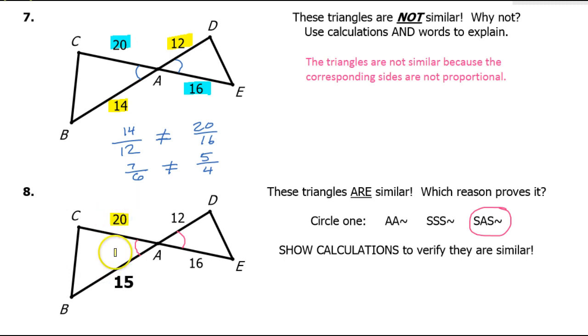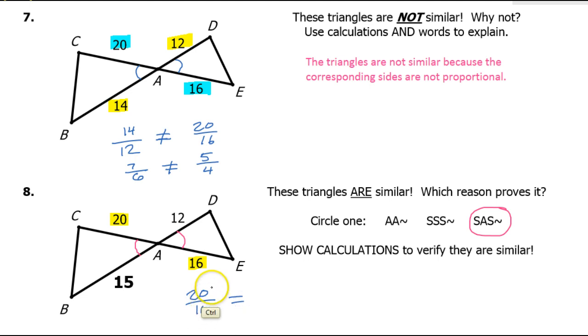But 20, of course, is bigger than 15. And then 16 is the biggest side of the second triangle. So these would be corresponding. So if I made a ratio out of that, it would be 20 over 16.